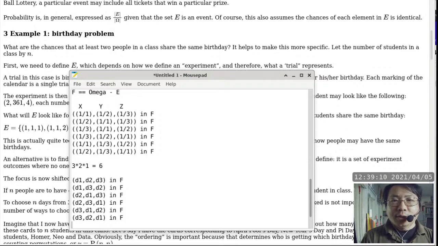Okay, so assuming that we lock down to just these three specific dates that are different, D1, D2, and D3, there are 6 ways to assign these 3 different dates to the three different students, so that we meet the requirement of belonging to F as a set.